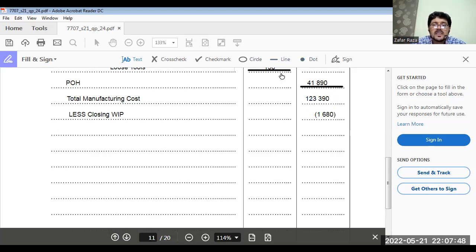And the answer would be COP, cost of production. How much? 123,390 minus 1,680 is 121,710. Okay, 121,710.